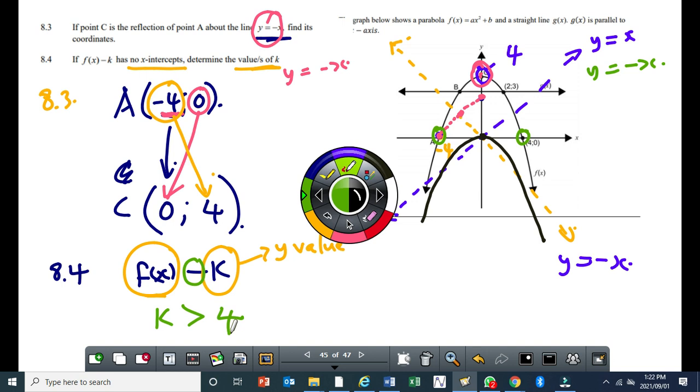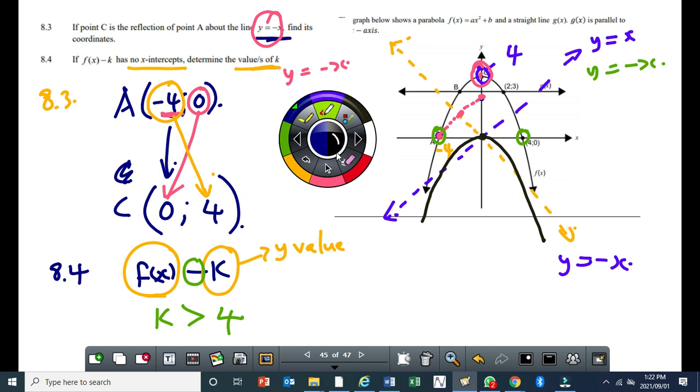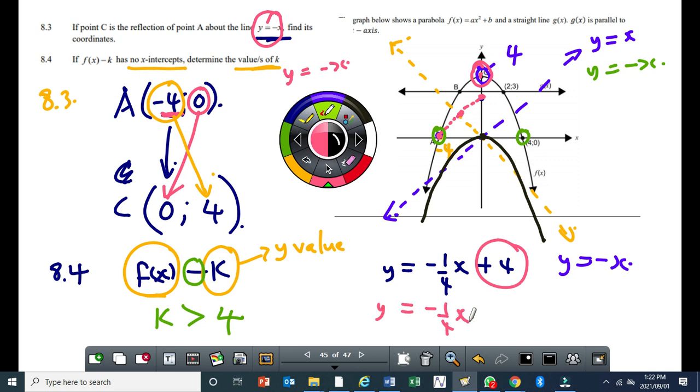Okay, I'll just give you an example. Remember, the general equation of that graph is y equals minus a quarter x squared plus 4. If I subtract 4 from that graph, I'll get y equals minus a quarter x squared plus 4 minus 4, and this will give me minus a quarter x squared. If I sketch it, it will be like this graph.